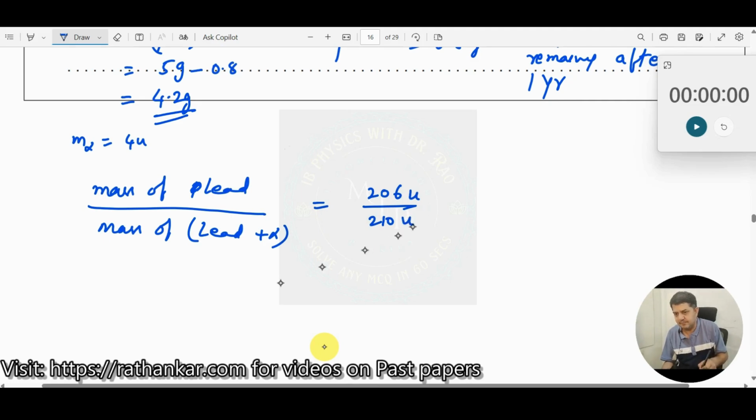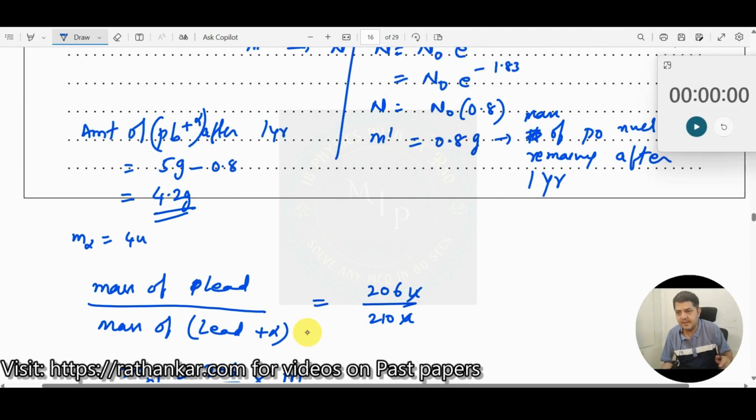Theoretically this is so, and practically we already found the lead plus alpha mass. So this u and this u go away. So mass of the lead nucleus is equal to 206 divided by 210 into mass of lead plus alpha after 1 year.